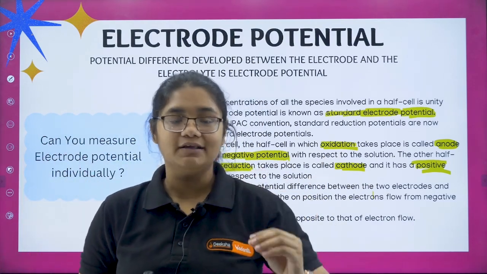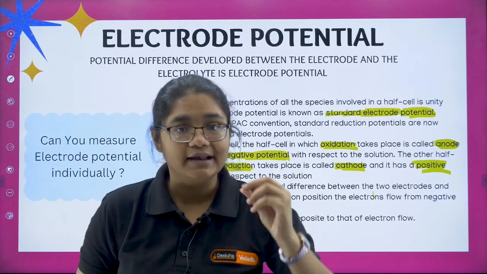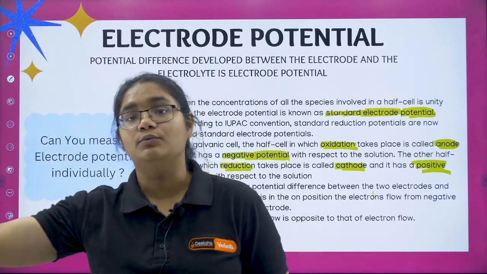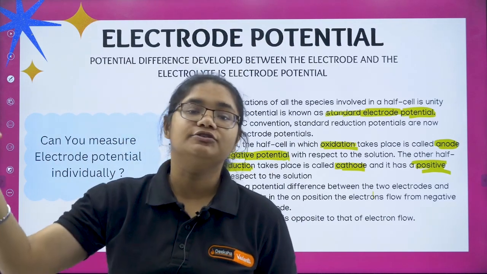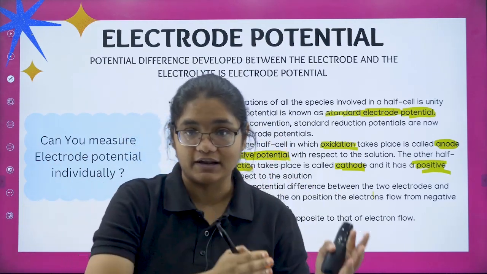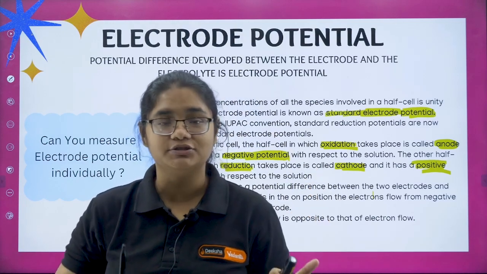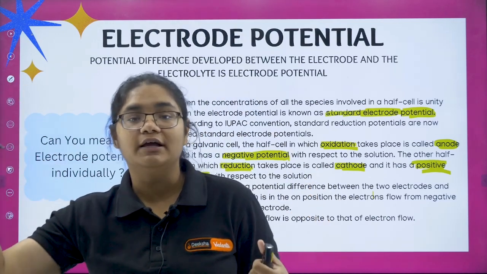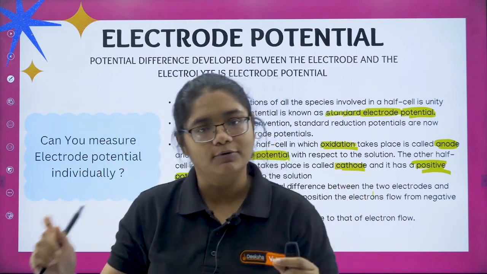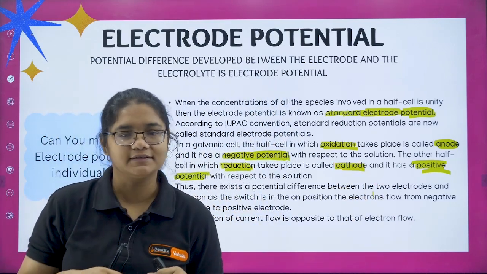The oxidation part is negative and is called the anode. There electrons are generated. These electrons move through the outside circuit towards the right hand side. There reduction takes place. The potential difference between the electrode and electrolyte on the left hand side is called oxidation potential. The potential difference between the electrode and the electrolyte on the right hand side is called reduction potential, right? I hope you are getting this one.